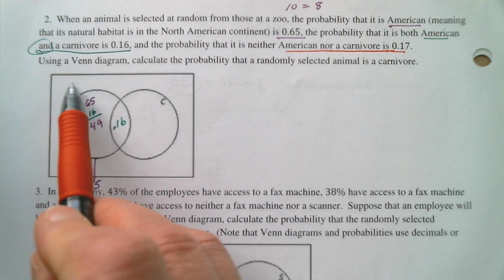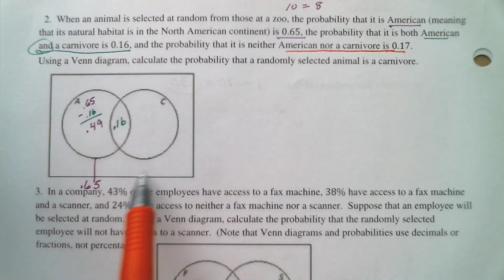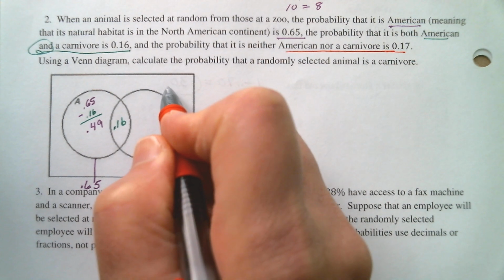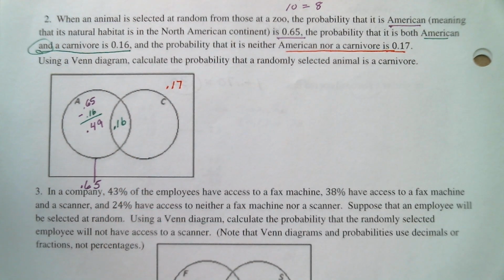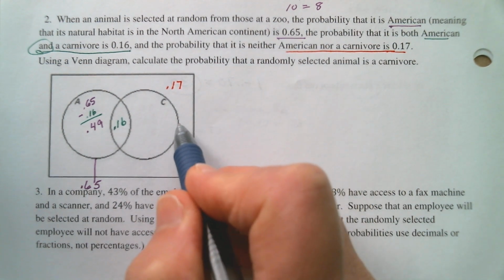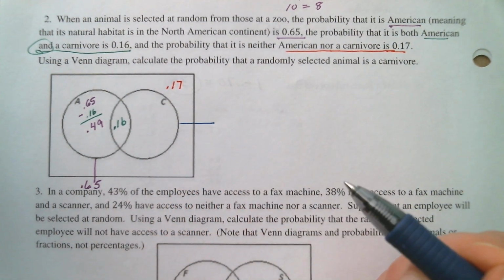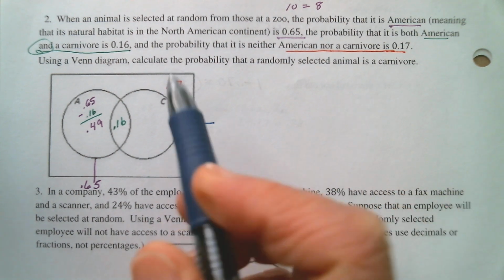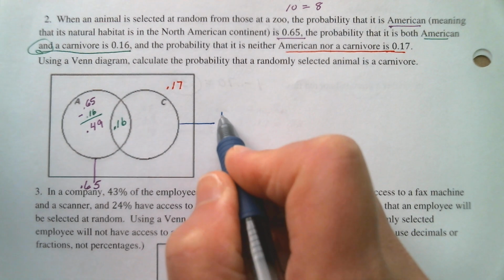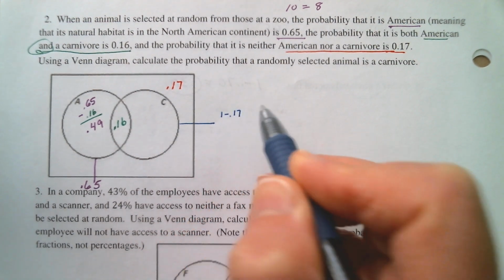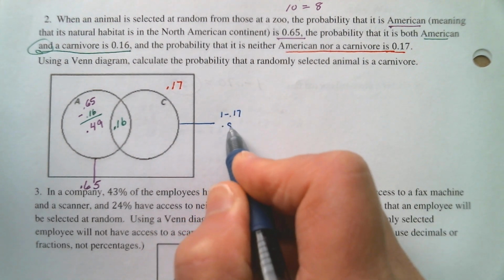So that means outside here is 0.17. If I draw my OR, that means this here has to be 1 minus 0.17, which is 0.83.